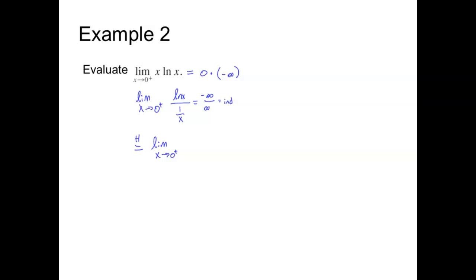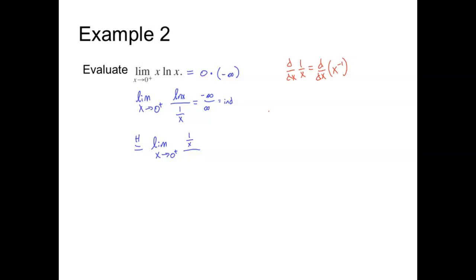So, derivative of the numerator, derivative of natural log x is just 1 over x. What is the derivative of 1 over x? Well, remember that 1 over x is the same as x to the negative 1, right? So we can just use the power rule. Close, Dylan.